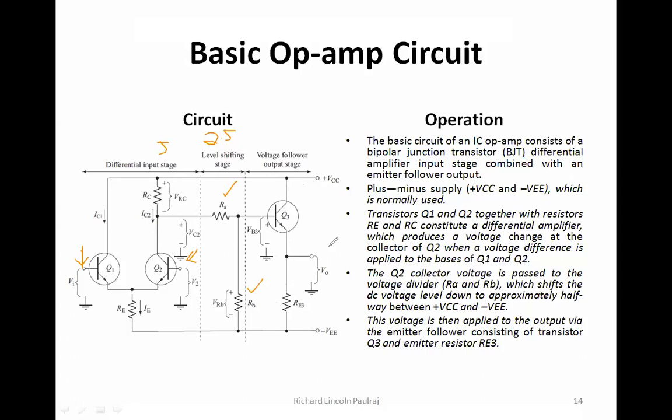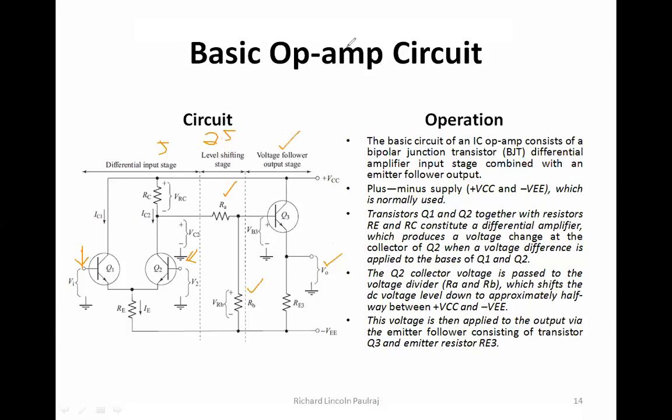So this is my output voltage. Whatever is VB3 will be equal to V0. That is why the term voltage follower output stage. The voltage is followed. Suppose 2.5 is here, I should be getting about 99% of 2.5 volts. That's why it's called a voltage follower stage.